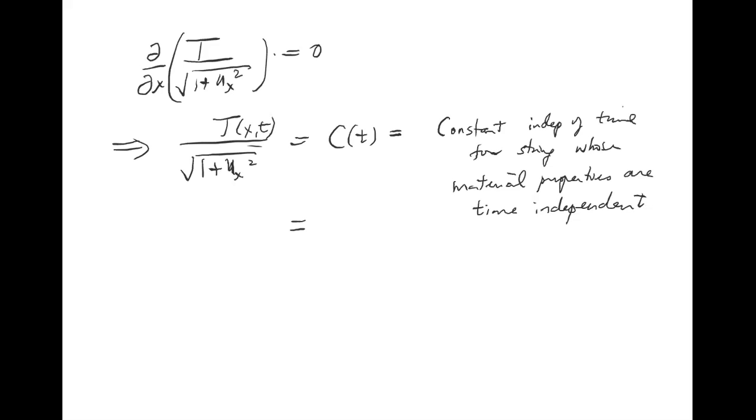When the string is in equilibrium, u is equal to 0 and u sub x is also equal to 0, and so in that case it will be just equal to a constant tension, the tension of the string when it is in equilibrium.